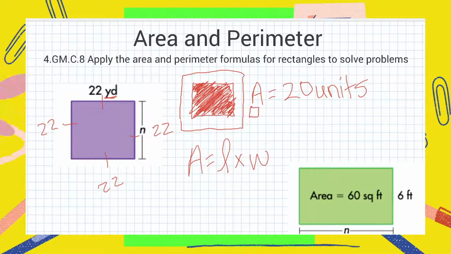So I can multiply 22 by 22 because that is the length and the width. I'm going to give you a second to figure that out.